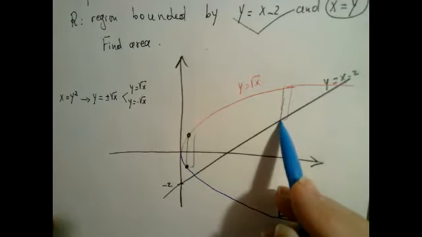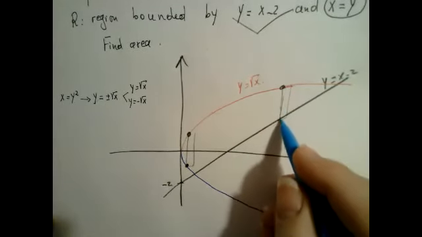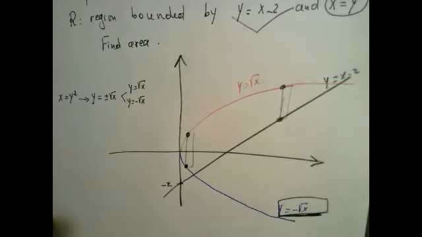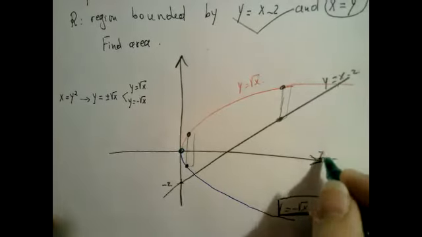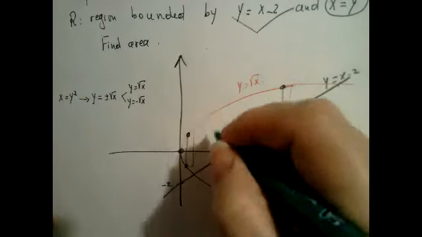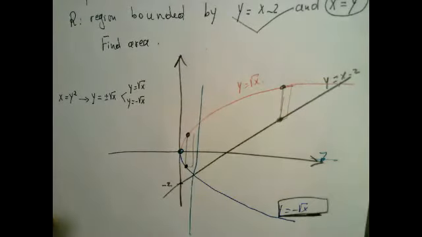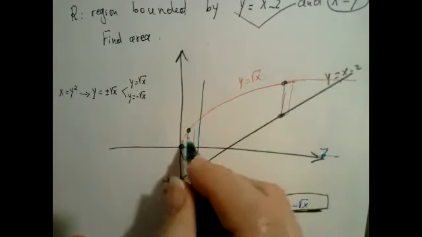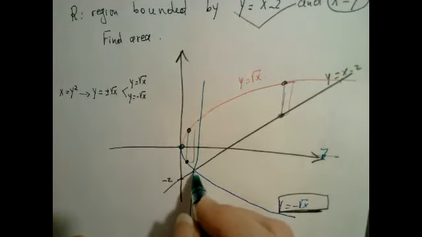If I take my rectangle here, the top is the root x, but the bottom is x minus 2. So here, the bottom curve is actually changing. Between this point and that point, the bottom curve is changing. That's the change. So from here to here, the top curve is root x, the bottom minus root x.